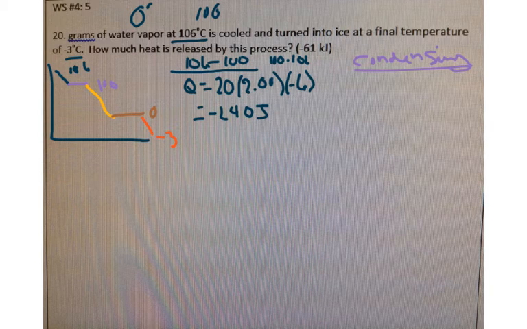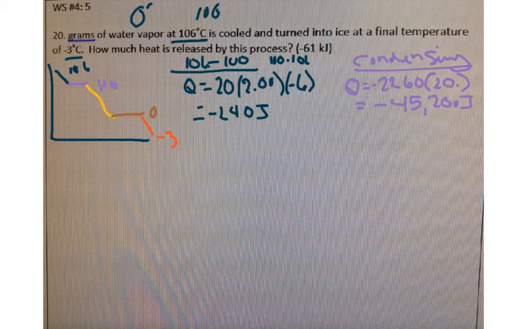Because it's the exact opposite of vaporization, so all you do is make it a negative sign. So Q equals -2,260 times my mass, which is always 20 for this problem. Multiply it out, and I end up getting -45,200 joules.